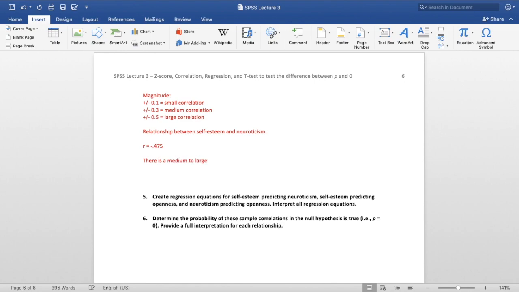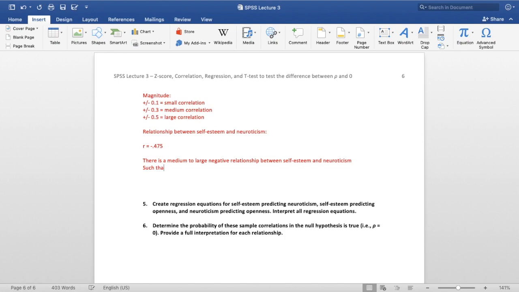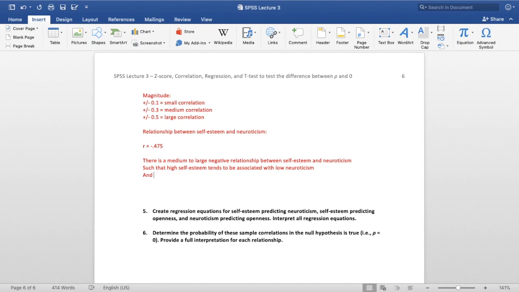There's a medium to large negative relationship between self-esteem and neuroticism, such that high self-esteem tends to be associated with low neuroticism, and low self-esteem tends to be associated with high neuroticism.